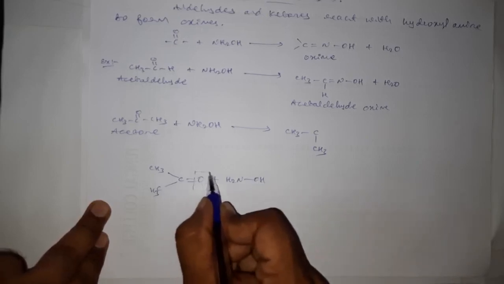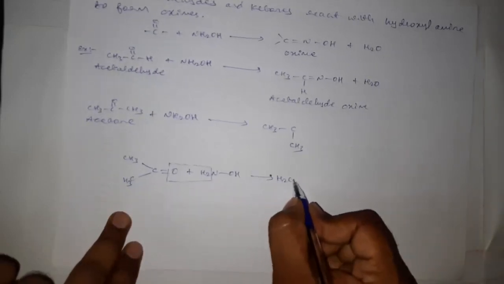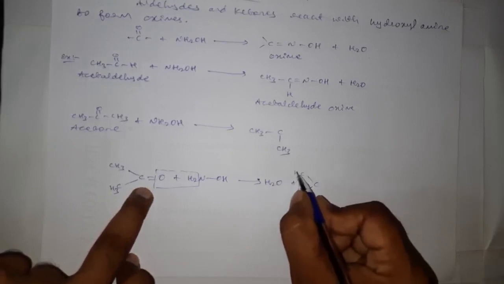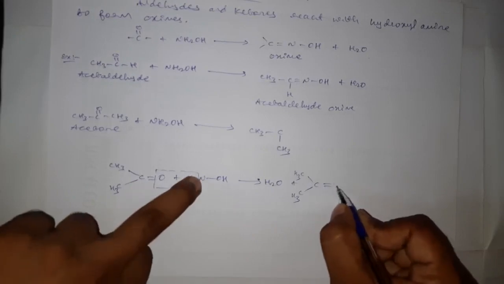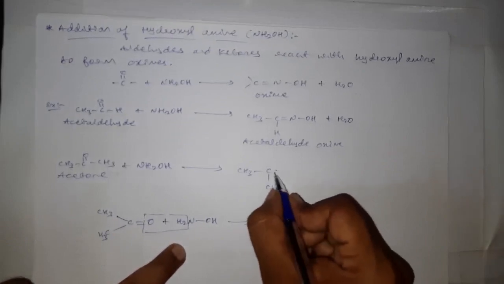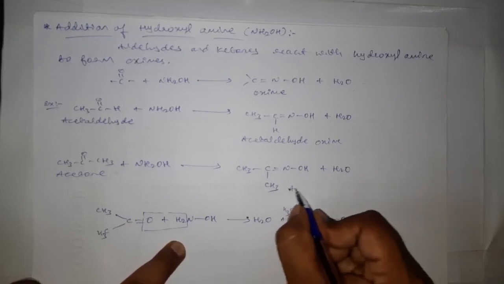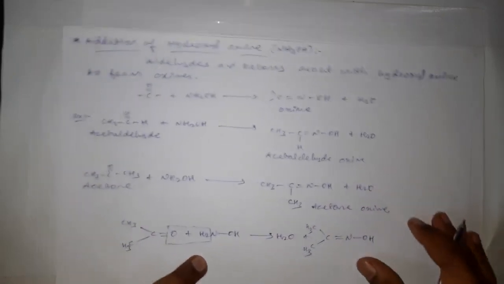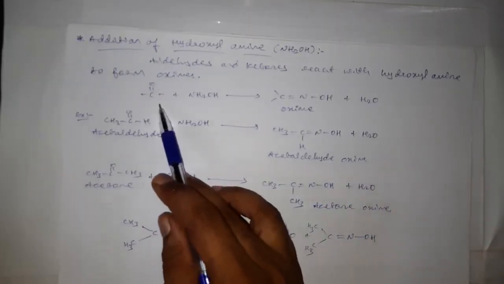This oxygen combines with these two hydrogens and forms H2O. And now this carbon forms a double bond with this nitrogen, double bond NOH, plus H2O. This is acetone oxime.